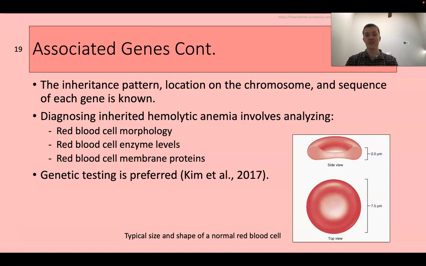Unfortunately, these observations can overlap with different unrelated conditions, and so as a result, conventional diagnostic techniques are not always able to clearly isolate hemolytic anemia as the cause of an observed symptom. More reliable diagnostic tests, such as genetic testing, are highly recommended for identifying hemolytic anemia in combination with the traditional techniques.